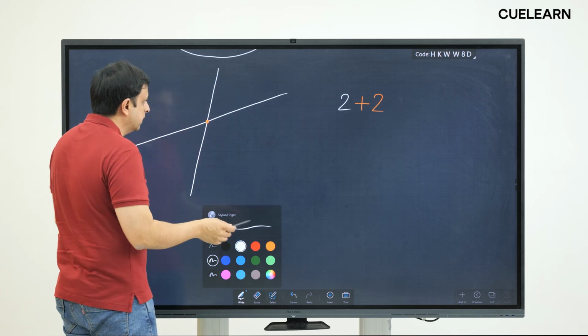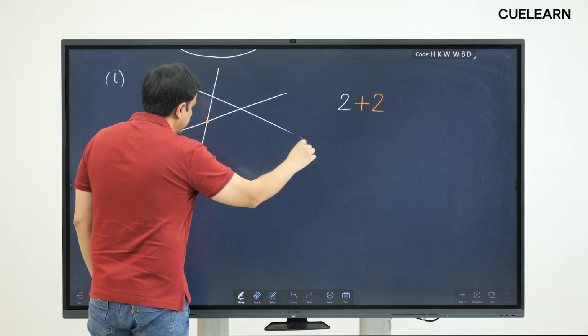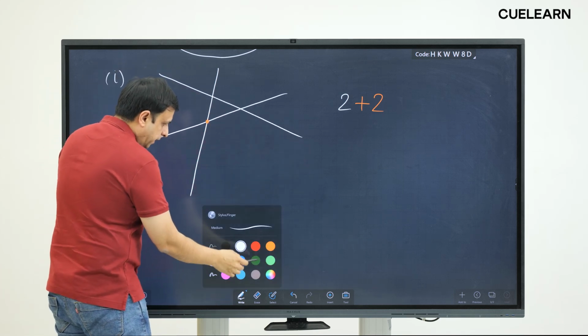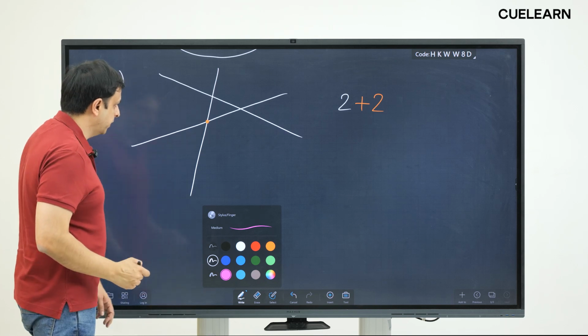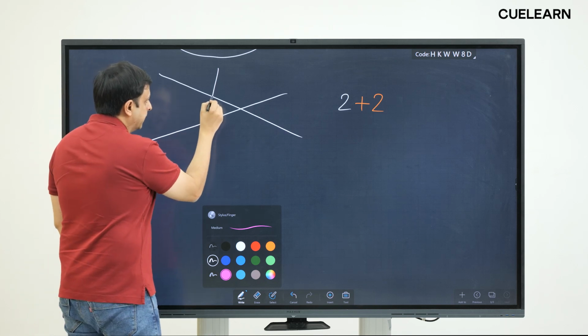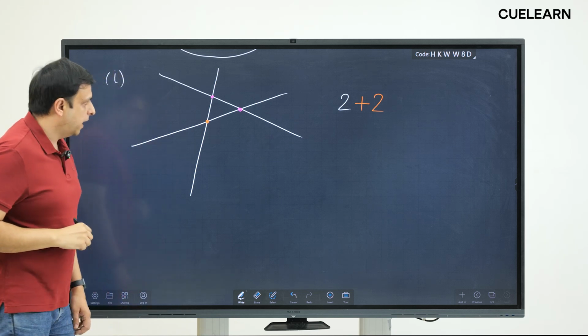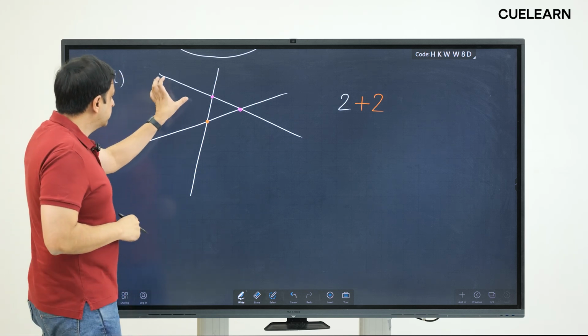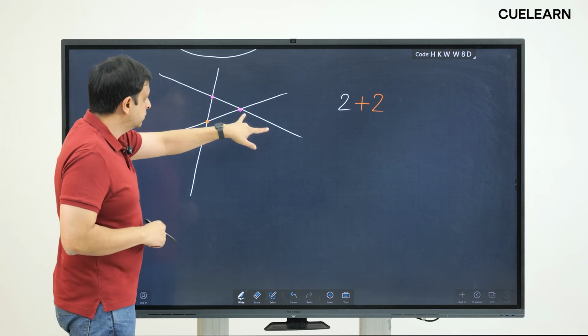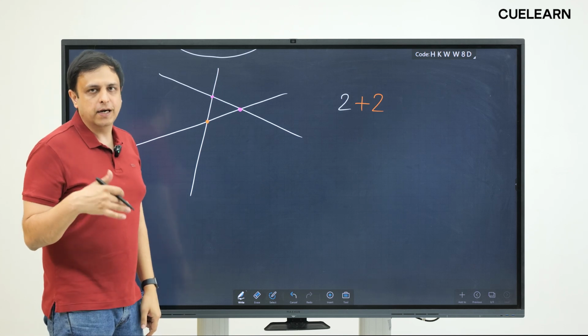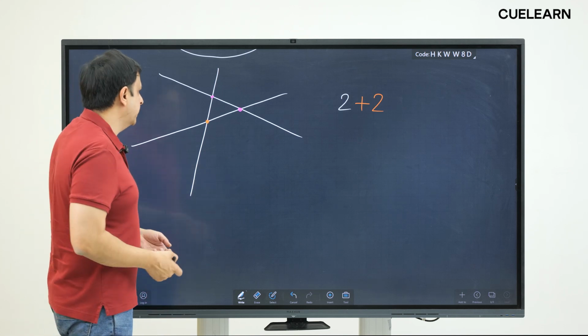And now we will draw a third line, and once again we will look at this third line in terms of the intersection points. So, we will say that this third line, because it is intersecting the first two lines at two different points, is getting segmented into three parts, and each of those parts is increasing the number of regions by 1.